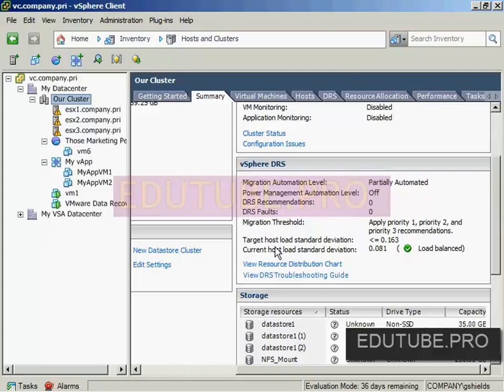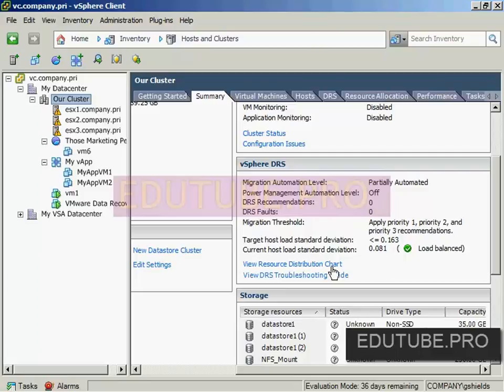And if the target host load standard deviation is less than the current host load standard deviation, well then we've got a problem. What we want to have, as you can see here, is that a current host load standard deviation is actually less than what our target is. And we get the nice green checkbox here that identifies whether or not we're load balanced or not.